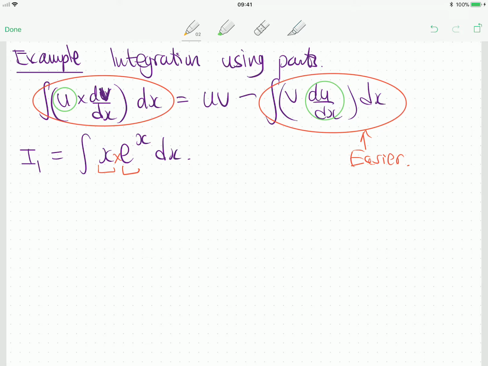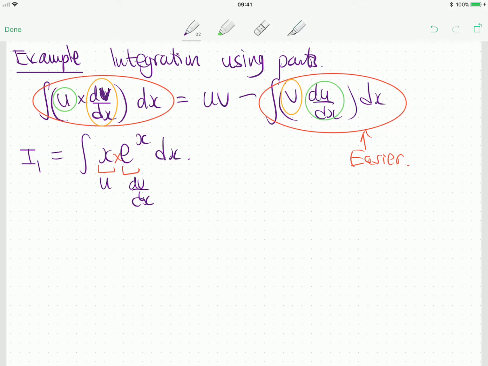We also need to keep in mind that we have a dv dx, and we need the v from that, so we need to be able to integrate this, and we don't want to make the problem more difficult. Looking at our question, if we see an x, it's always a good call to try u there. If you differentiate it, it goes to 1.